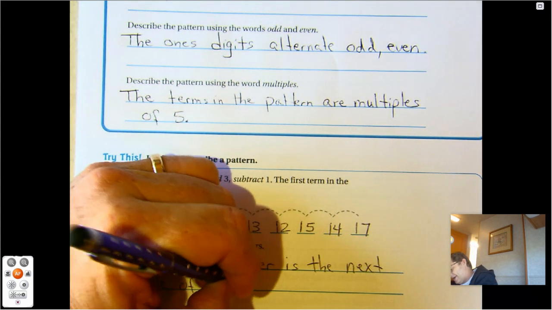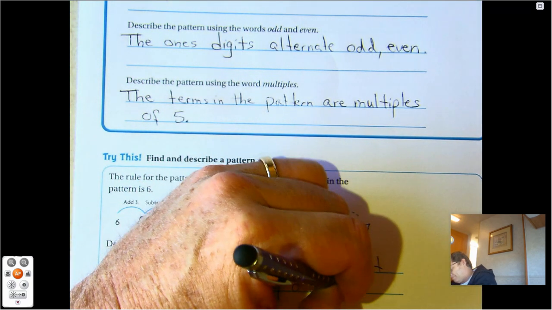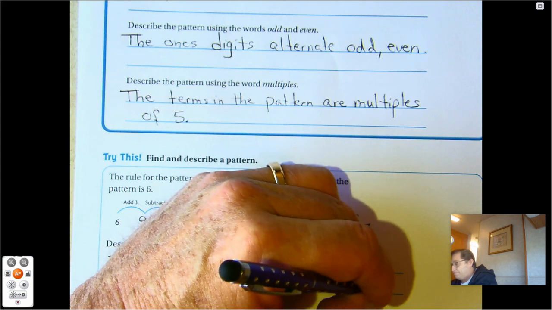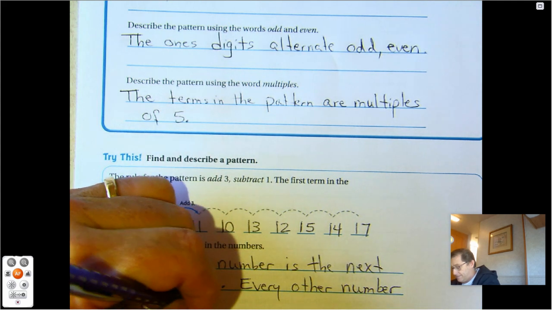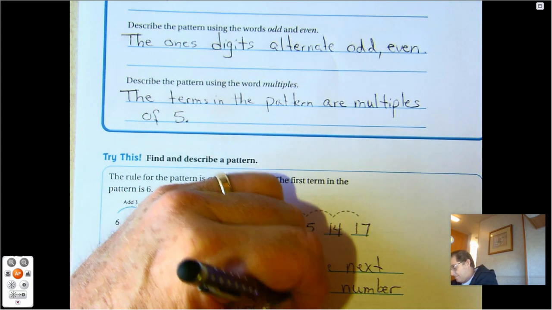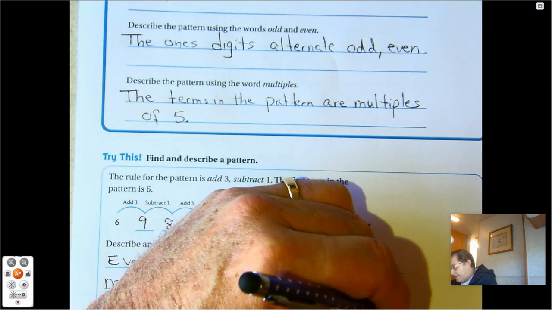We could also say every other is odd and increases by 2, starting with 9.